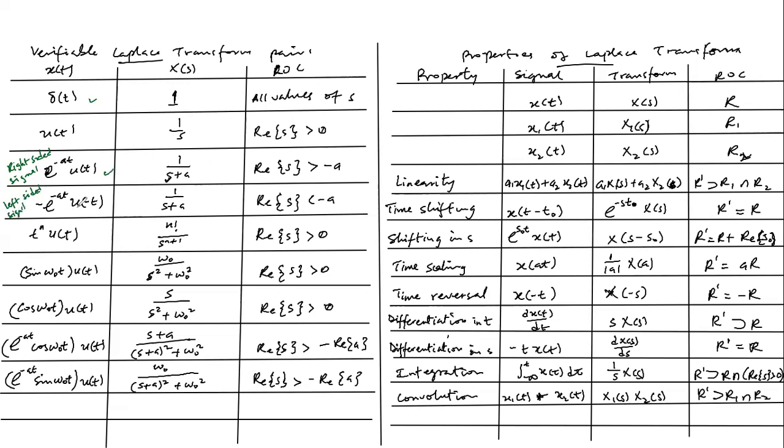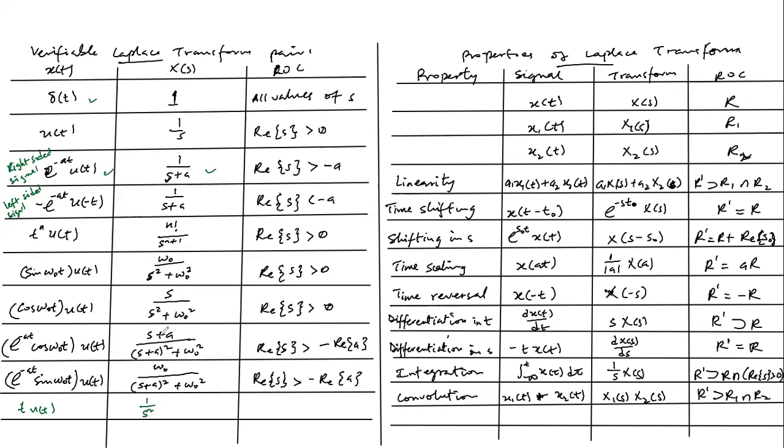Plugging this into the Laplace transform formula, we arrived at this, and the same goes for this. So for instance, t when n is 1, t u(t), that would be 1 over s squared, right? So all the way.